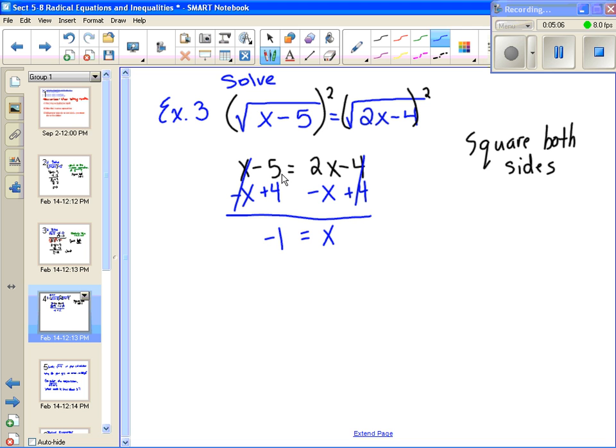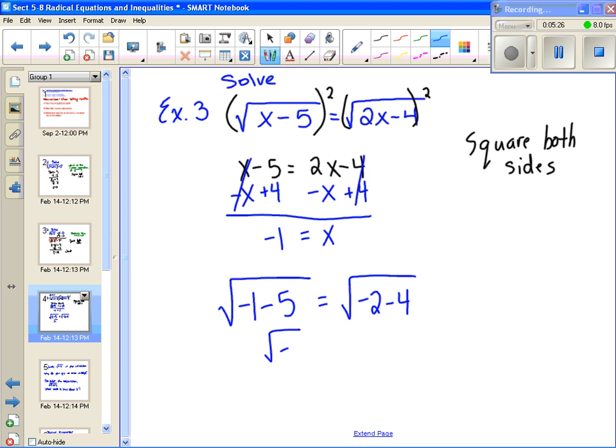So if I substitute a -1 onto the left side, I get the square root of -1 minus 5, and on this side, I would get 2 times -1 is -2 minus 4.